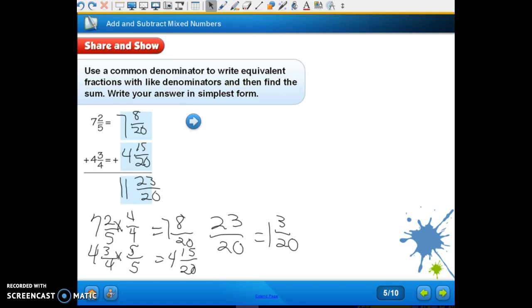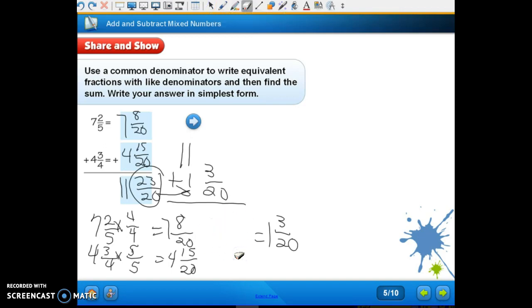Okay, so now we've got to take that 1 and 3/20ths and regroup it with our 11. Then we would add it: 3/20ths, and we'd say 11 plus 1 is 12.